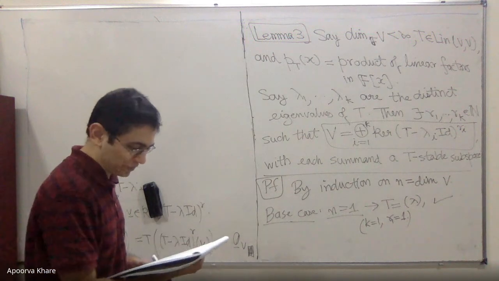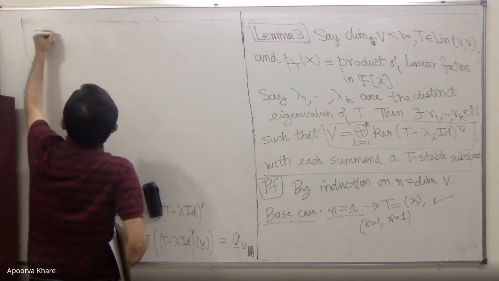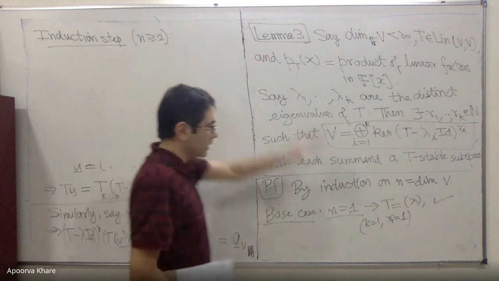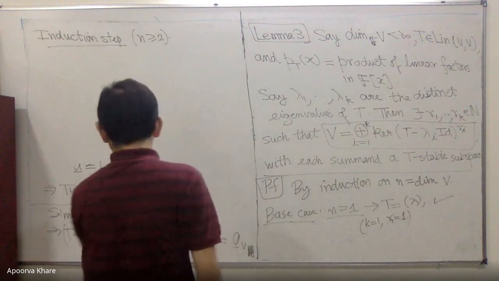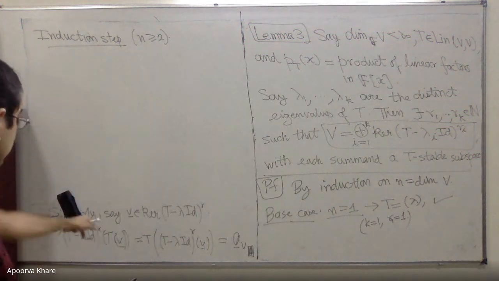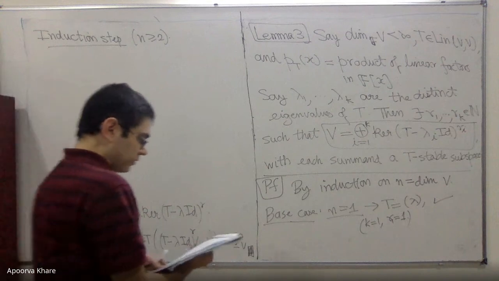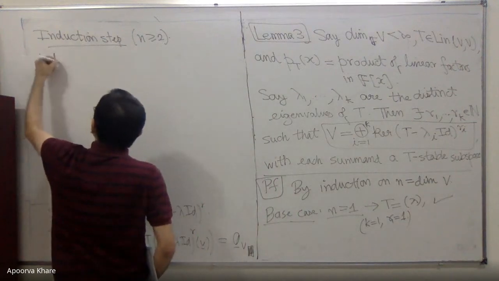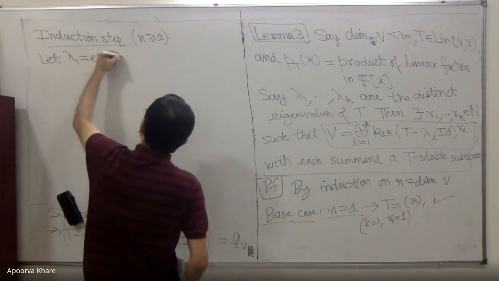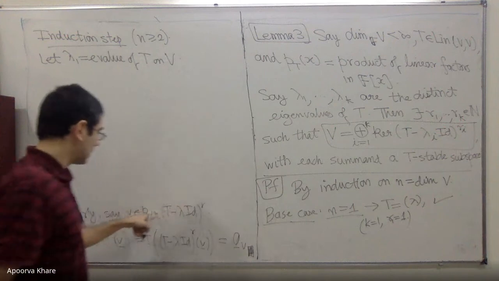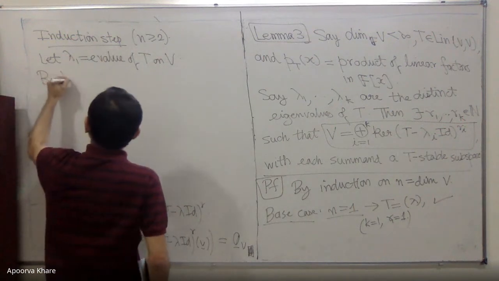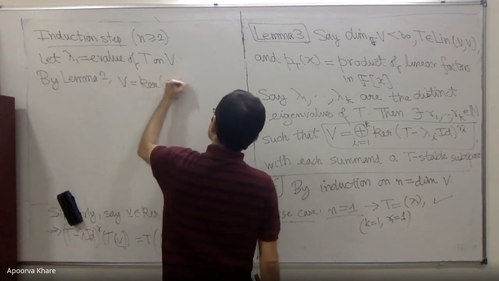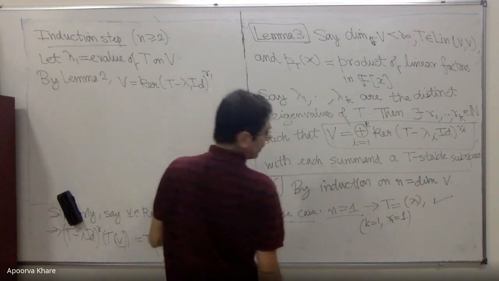So let's finish this. Base case done, now the induction step. Now n is of course bigger than or equal to 2. We assume the result holds for all smaller dimensional vector spaces. Given V, there is an eigenvalue, as we assume that all the eigenvalues exist. So let lambda 1 be an eigenvalue of T on V. By lemma 2, we know that V equals the kernel of (T minus lambda 1 identity) to the r_1, direct sum with the image.